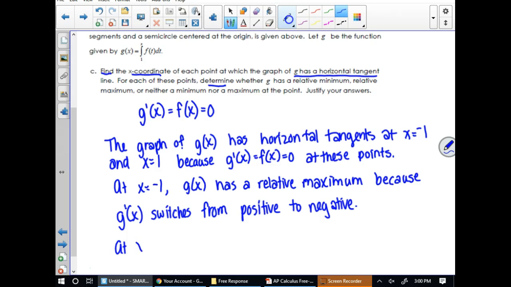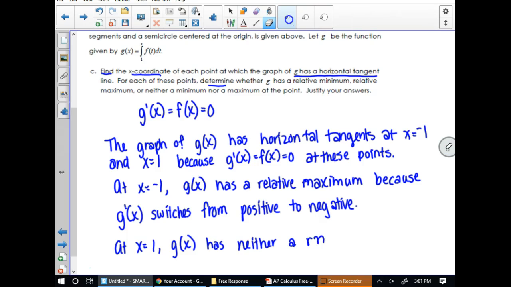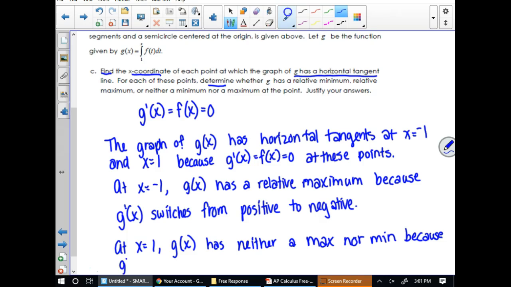And at x equals 1, this is the part I had wrong on my answer key, g of x has neither a max nor min, because g prime of x does not change sign.